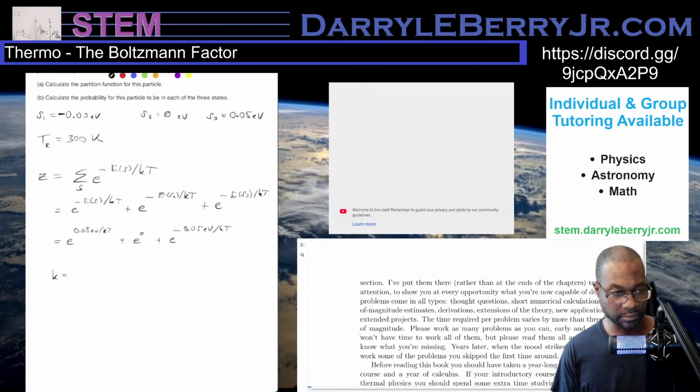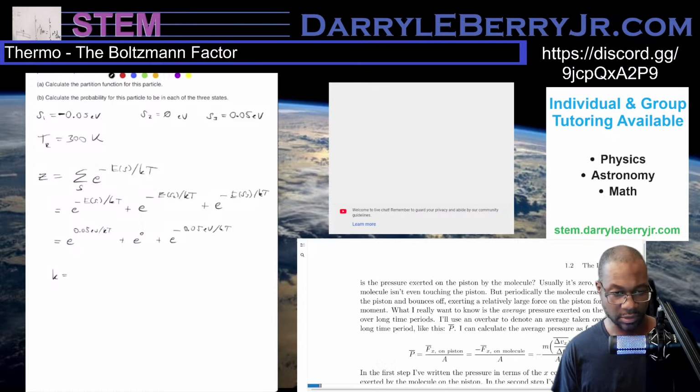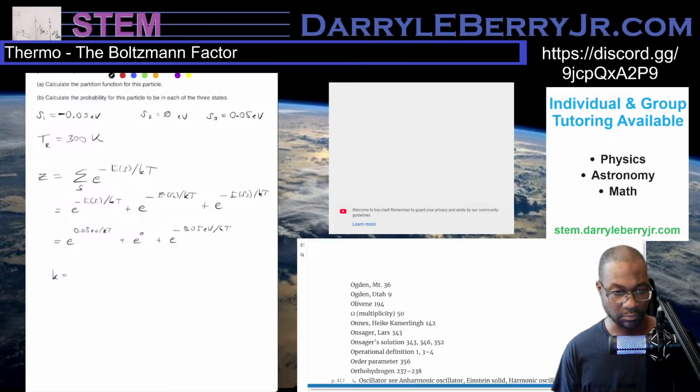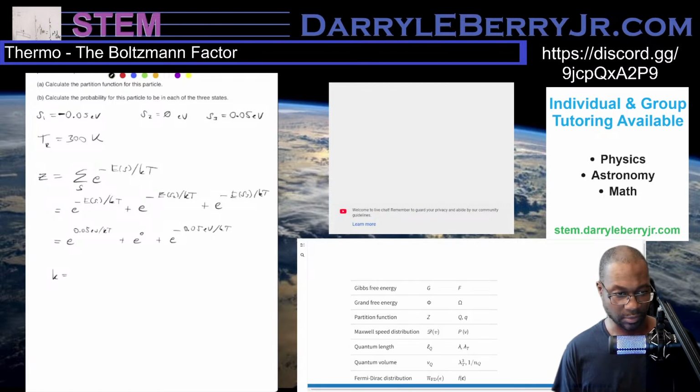There was a table in here. I want to look in here to save from loading my formula sheet, but I may need to just load my formula sheet.